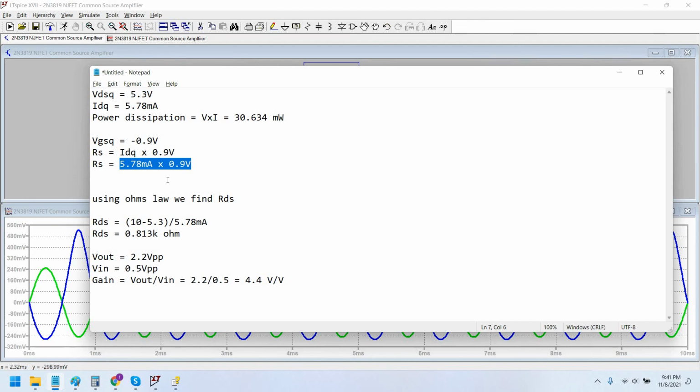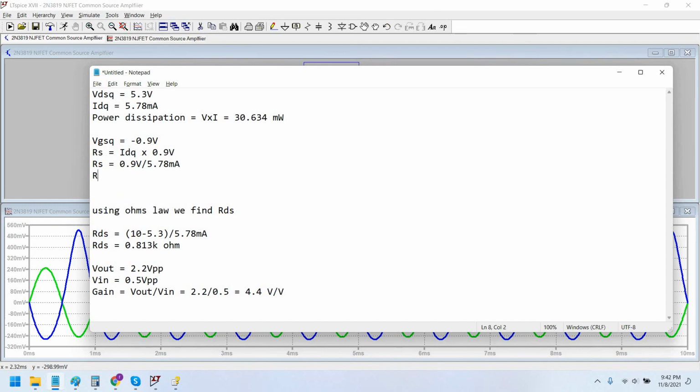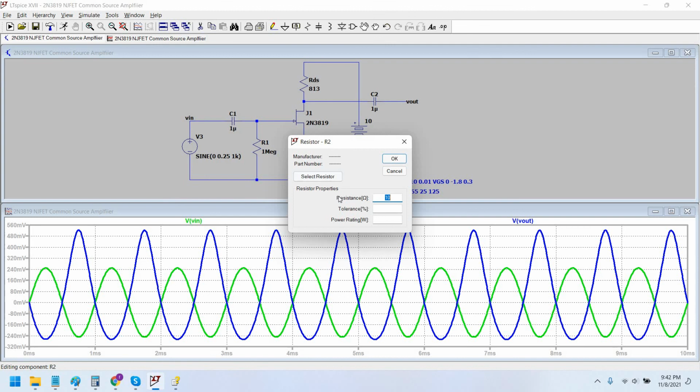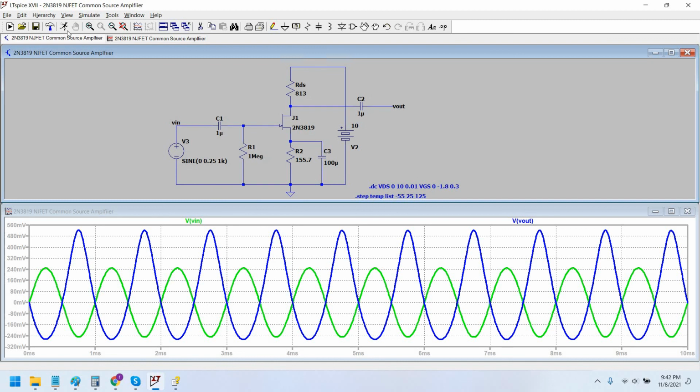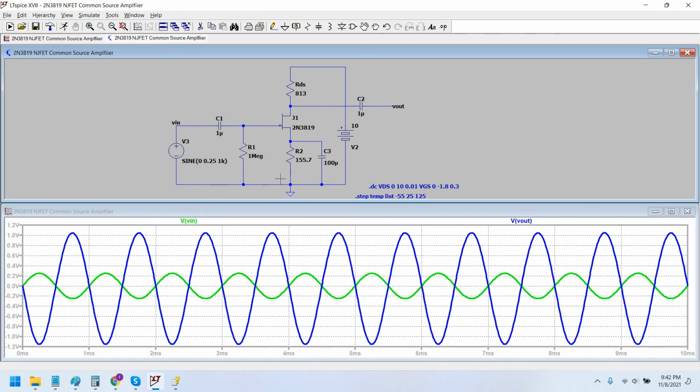The resistance is actually R equal to V upon I. So the RS would be 0.9 divided by 5.78 into 1000, 155.7 ohms. So we would replace it with 155.7 ohms. Now let's resimulate. Yes, that is perfect.